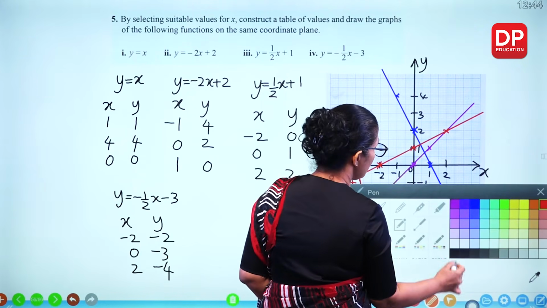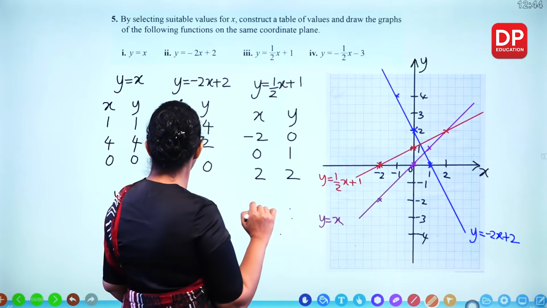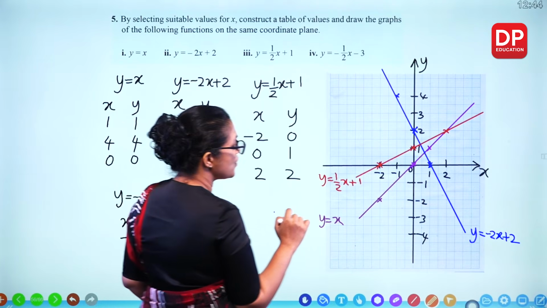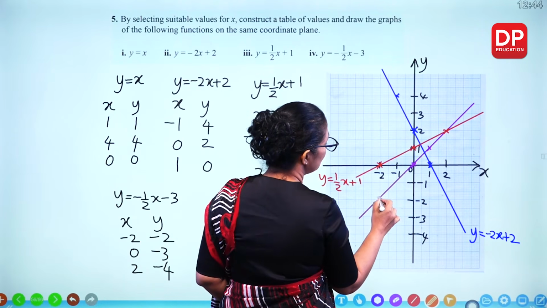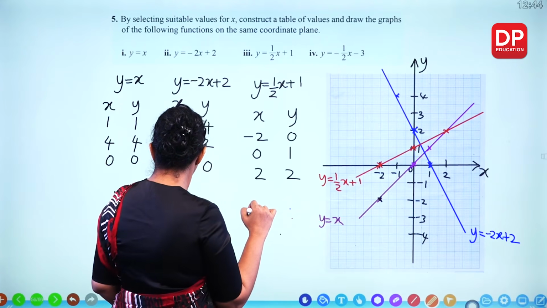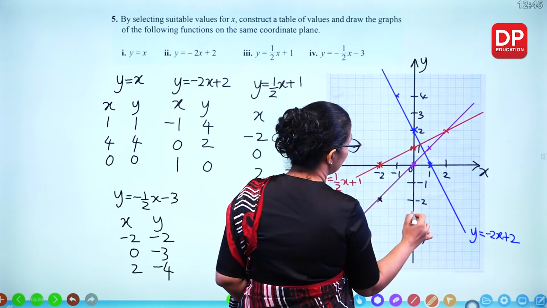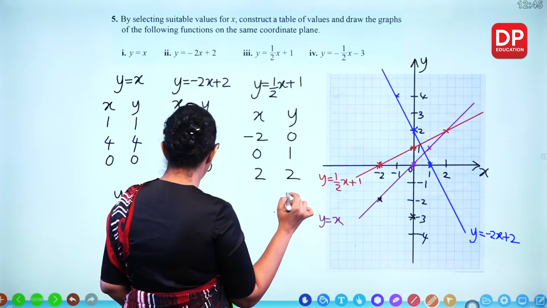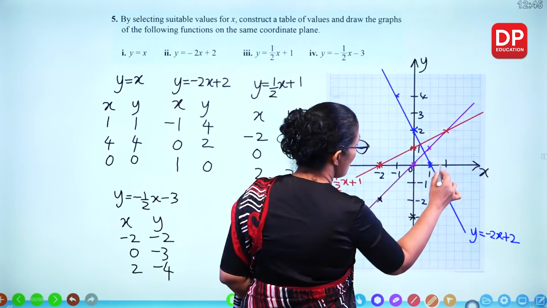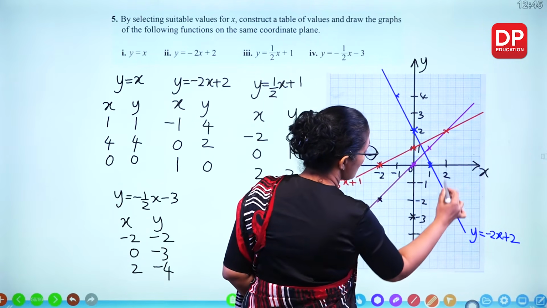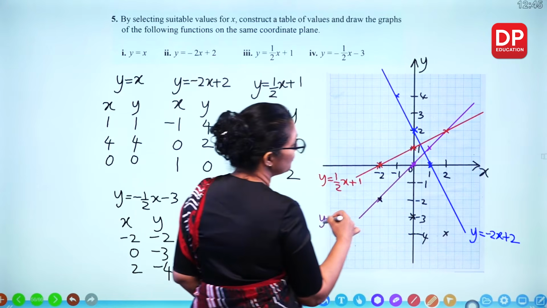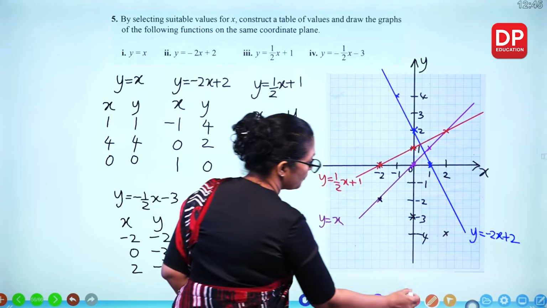And the last one, minus 2 minus 2. 0 minus 3. 2 minus 4. Connect.